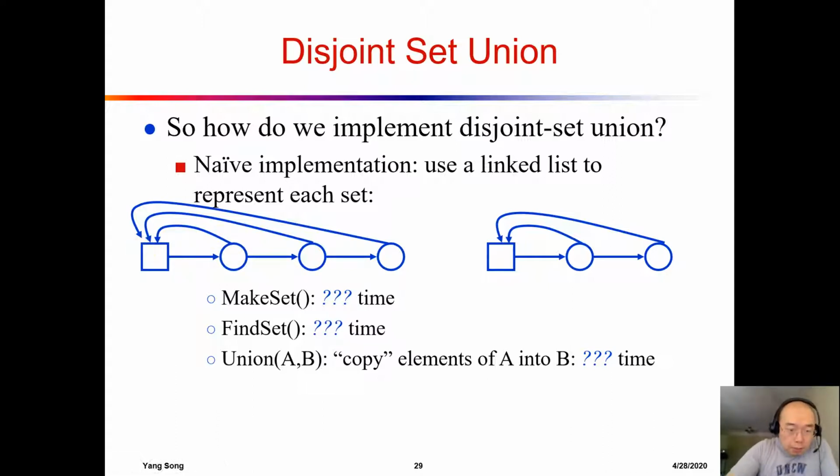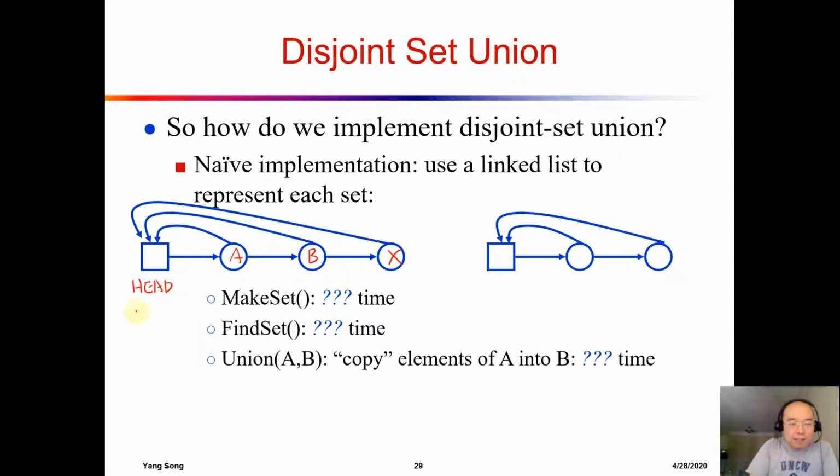Okay, let me bring up my pen. So we know that this is a head. Say node A, node B, and node X are in the same set. When we try to do a find set, we use the back reference to the head, and in the head we can have a unique identifier.